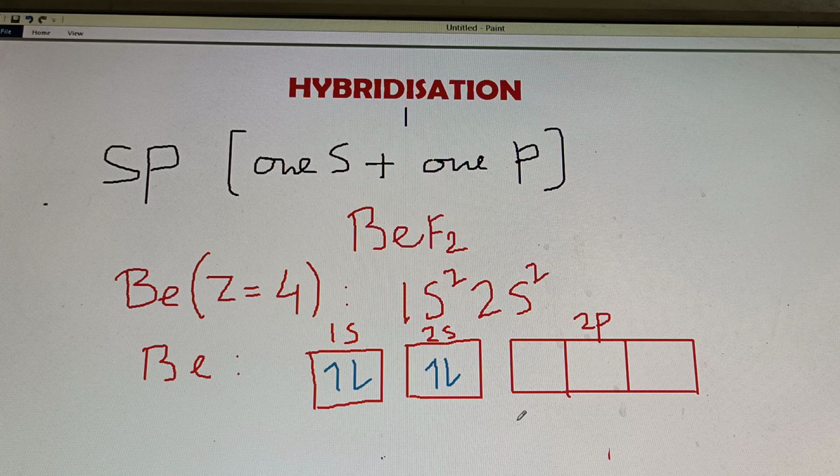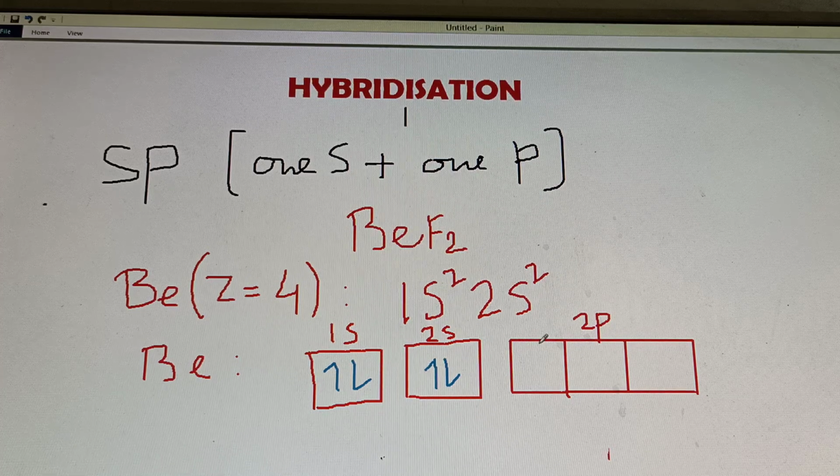Okay, so now hybridization will occur. 2s will mix up with 2p to give 2sp orbitals. Here 2p orbital means px, py and pz.